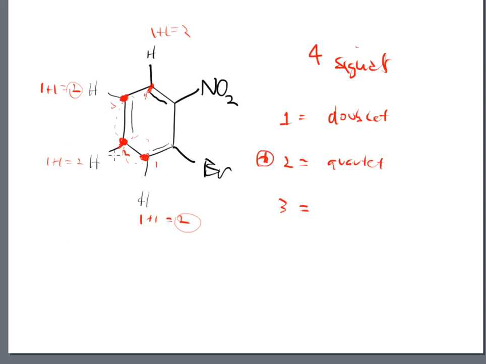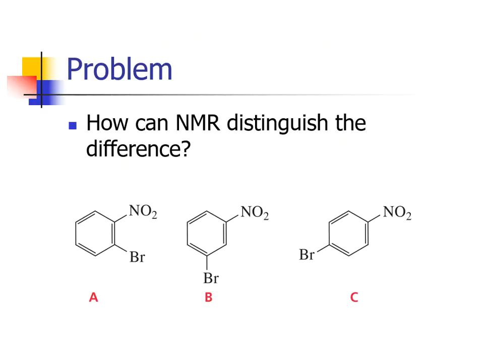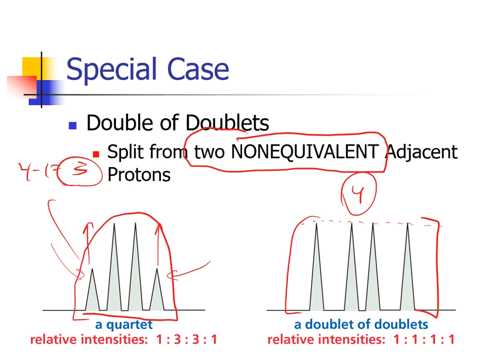They're 2 different shifts, and that means it's another 2 times 2, which is 4. So we have another quartet here as well. And then I'm going to put a star beside of that one, because now we know a special definition of a quartet, and that was this idea of a double of doublets. And we need to determine, are there double of doublets there, right? So this is what we saw in the last video, a double of doublets, and we talked about the differences here. So we'll come back to this in just a second.